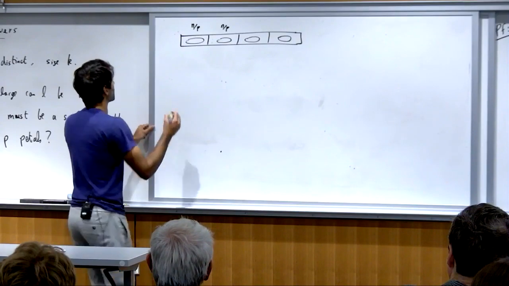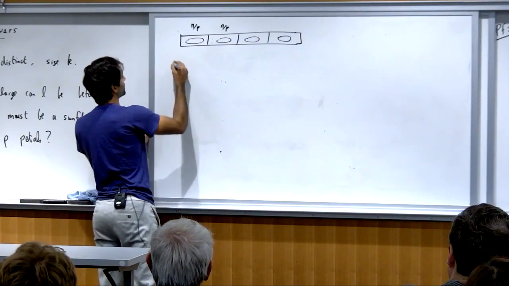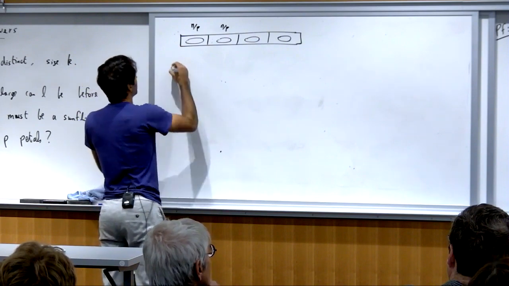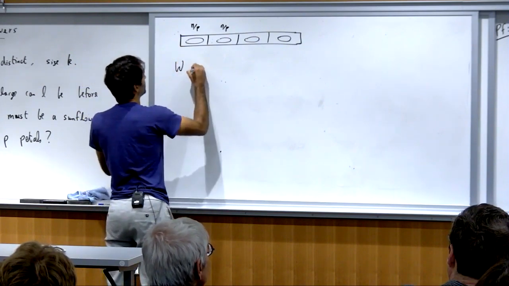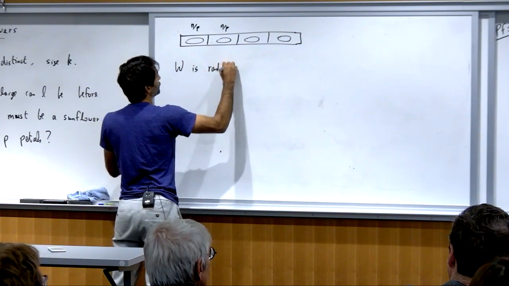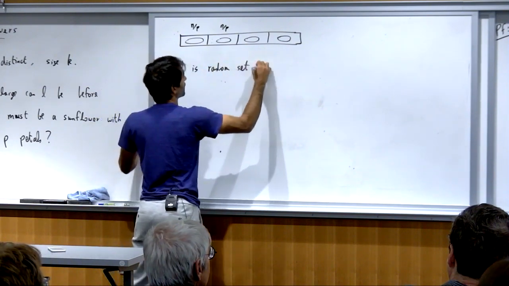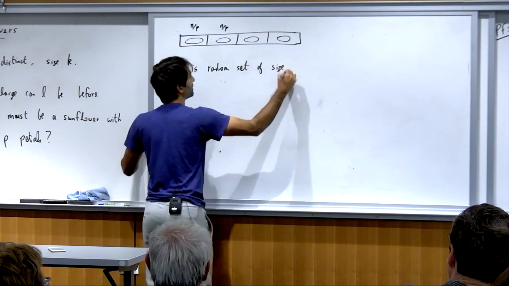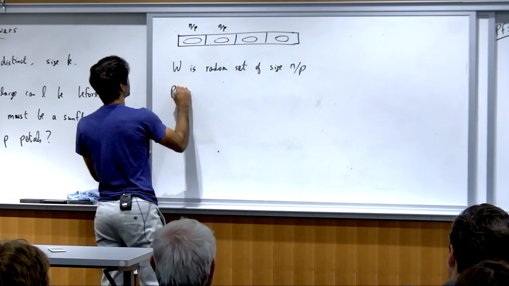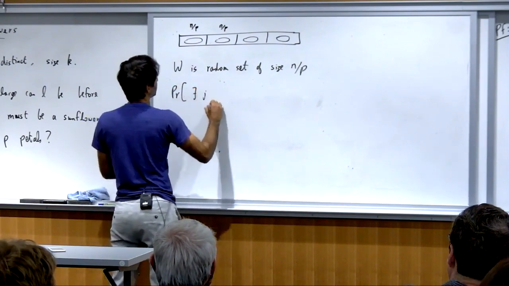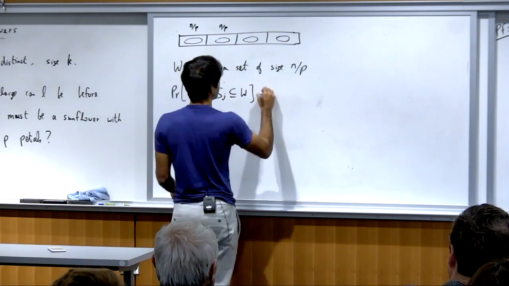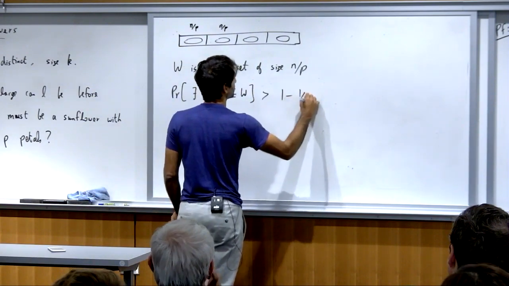So our eventual goal is to show something even stronger. We'll show that if W is a random subset of the universe of size n over p, then the probability that there's some set of the family that's contained in W is bigger than 1 minus 1 over p.